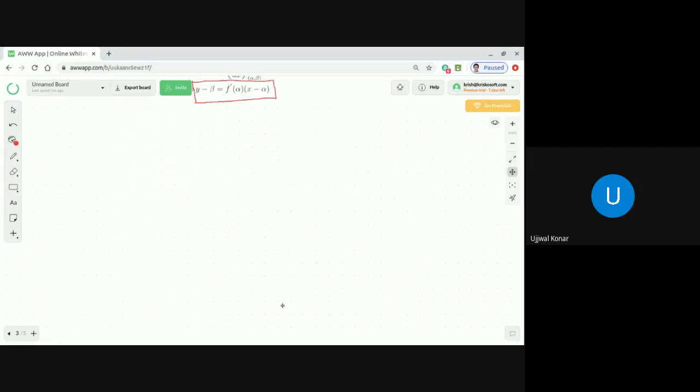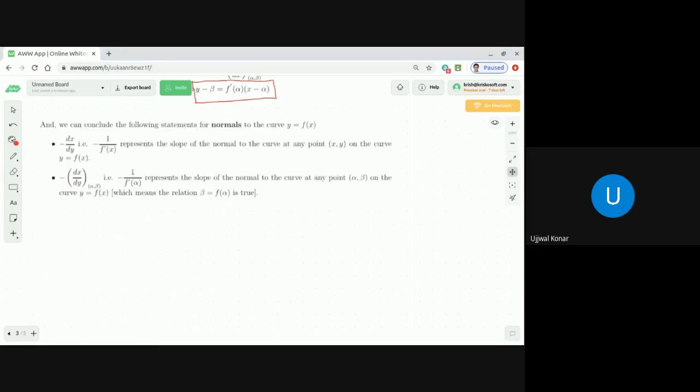As you see, dear students, we conclude the following statements for the normal to the curve y equal to f(x): minus dx/dy, that is -1 by f dash x, represents the slope of the normal to the curve at any point (x, y) on the curve y equal to f(x). That is minus dx/dy at the point (alpha, beta), that is -1 by f dash alpha, represents the slope of the normal to the curve at any point (alpha, beta) on the curve y equal to f(x).